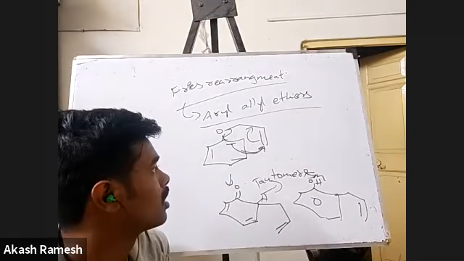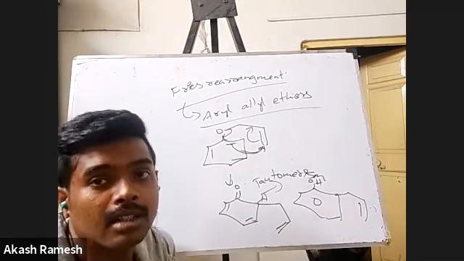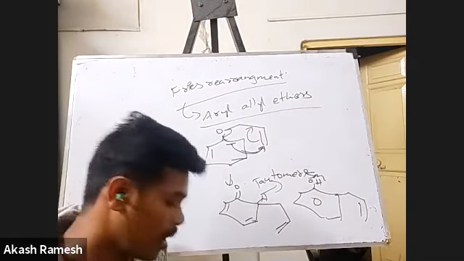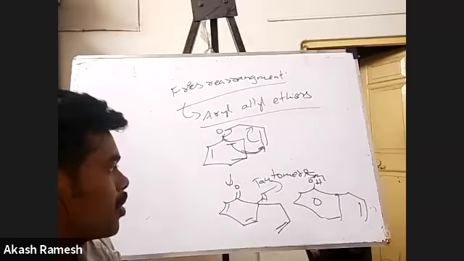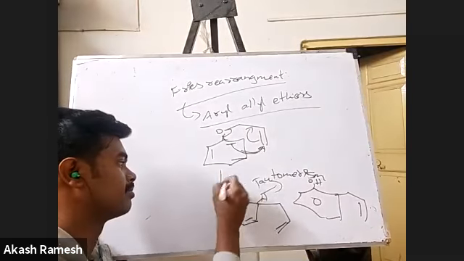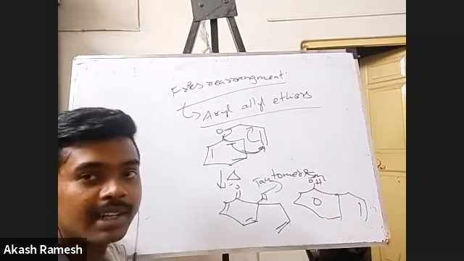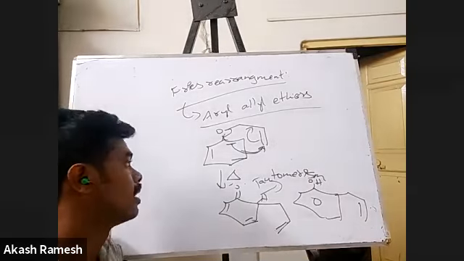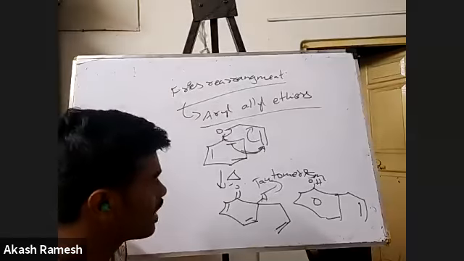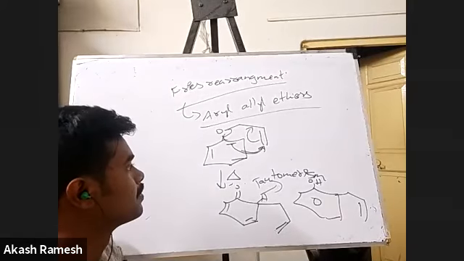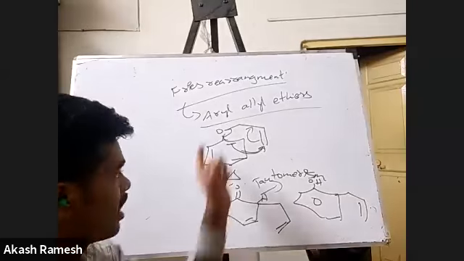So this is what is called your Fries rearrangement. If you ask me what I have to do, you just have to heat it. No reagent, only heating. Okay, right? So that's about Fries rearrangement. Okay, I hope you understand how it happens.